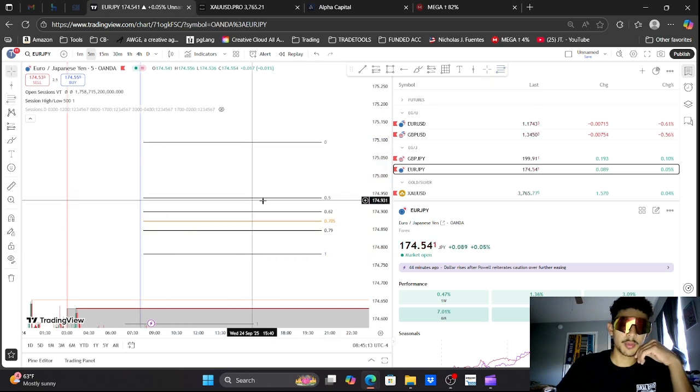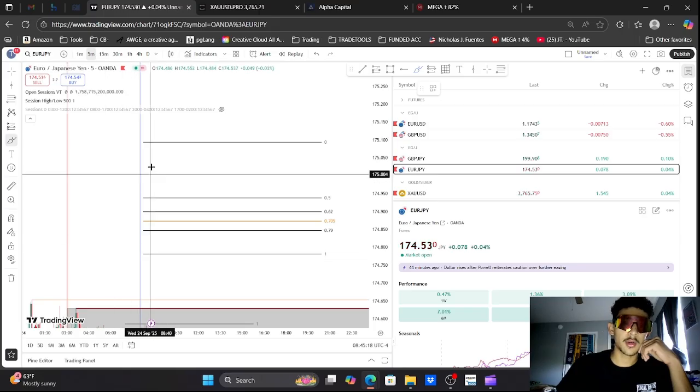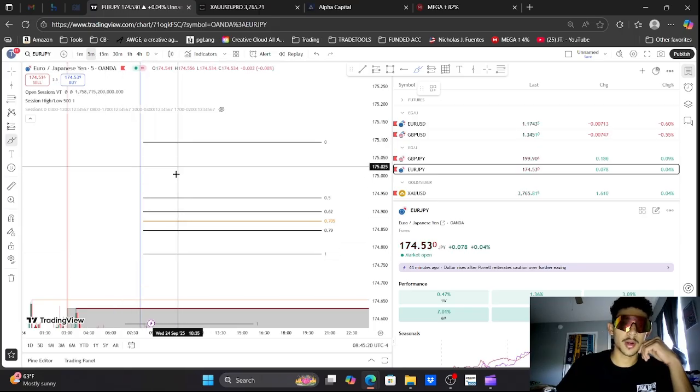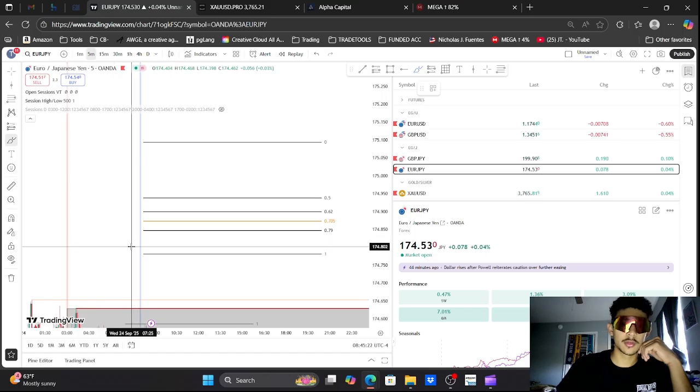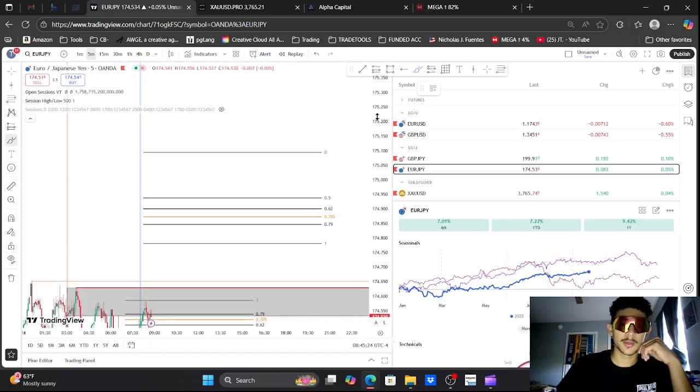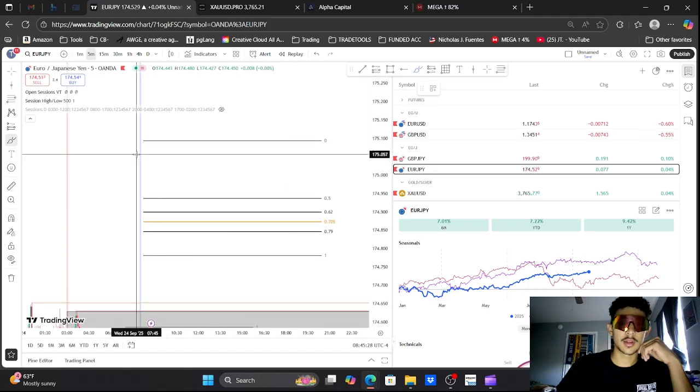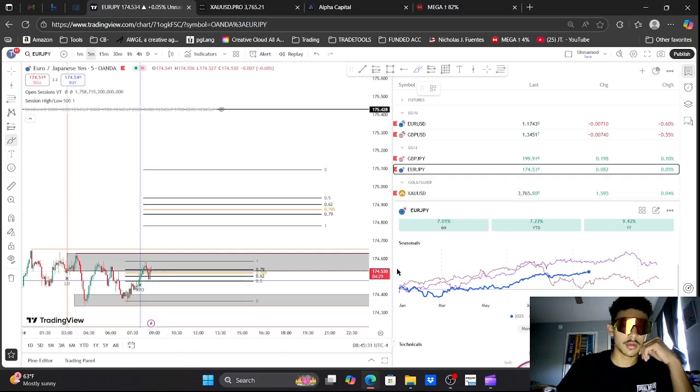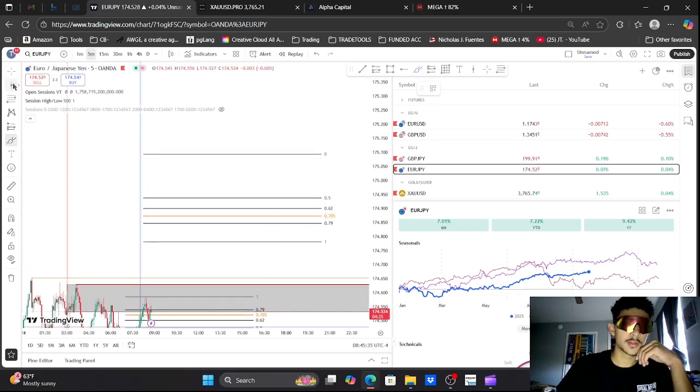Okay, so we have the midpoint right here, right? 0.5. If we're marking out a push up, this is what you would want to use. Wait, no, I'm mistaken. Okay, now I'm confused.